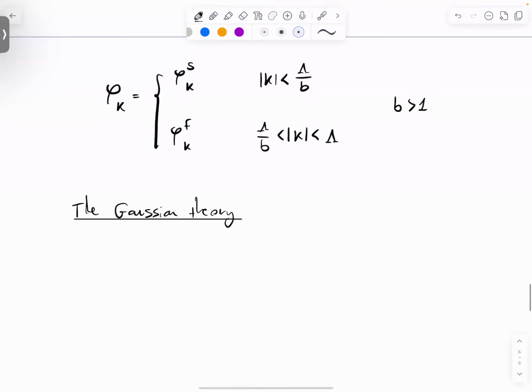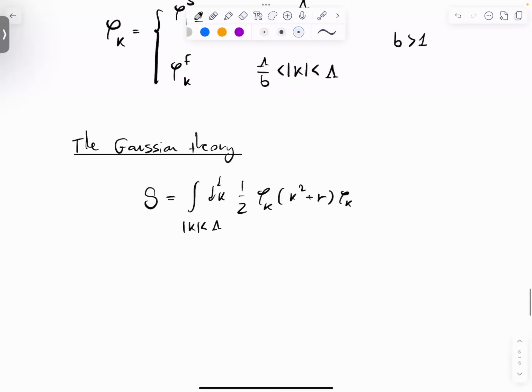If we have a Gaussian theory, then S is equal to an integral k smaller than lambda d^d k, 1/2 phi k, k squared plus r phi k, okay? Phi minus k, actually. I might forget that minus, remind me if I do.